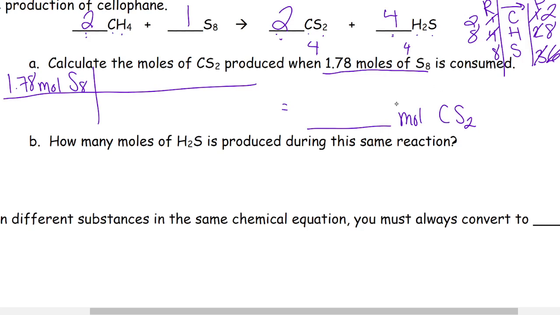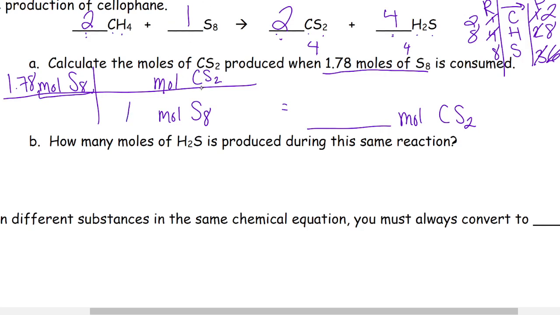So if I have moles of CS2 is what I'm looking for, I can bring down my unit of moles of S8 so that those two cancel out. And then moles of CS2 will go on top. And then I just use my coefficients to write the mole ratio. So moles of S8, I have 1 mole according to my balanced chemical equation.